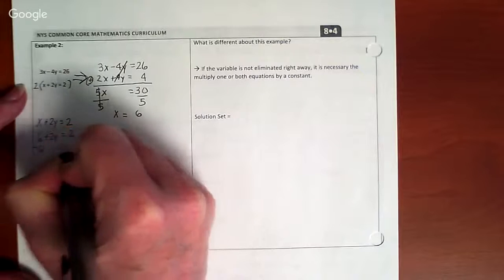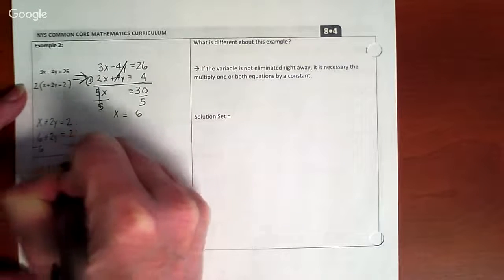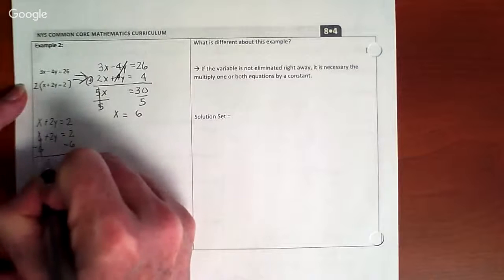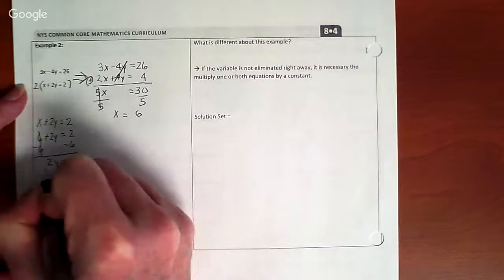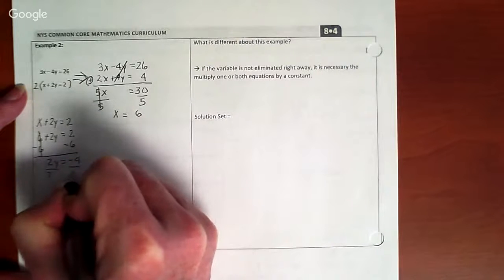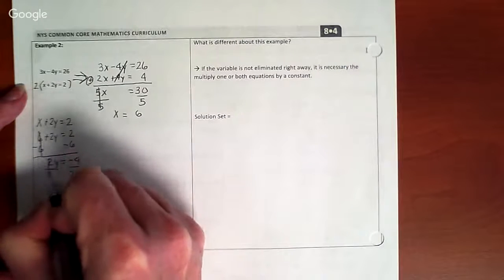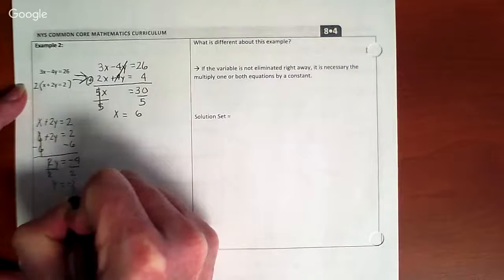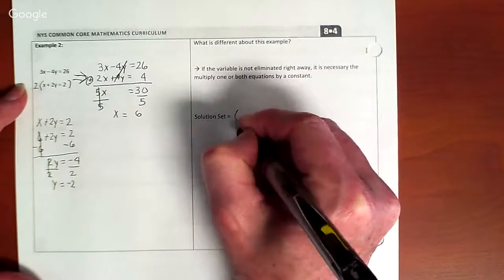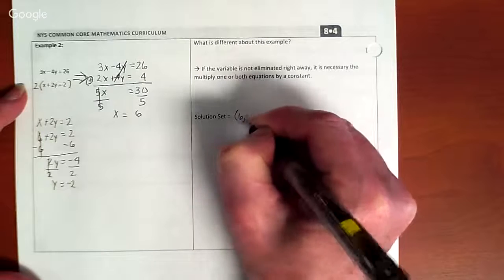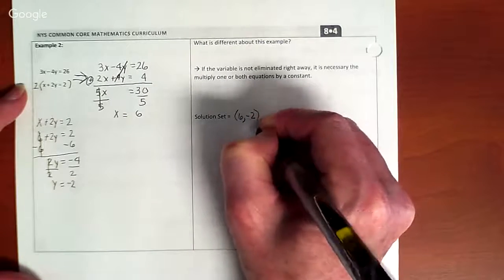Subtract 6 from both sides, so we have 2y equals negative 4. Divide both sides by 2, and I have y equals negative 2. So our solution set here is (6, -2).